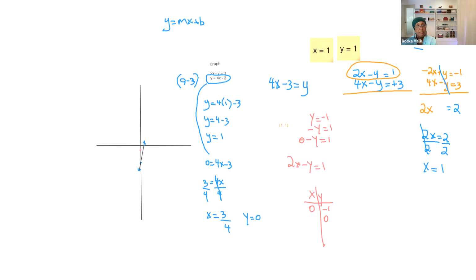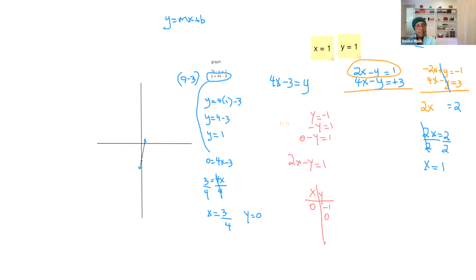And then when y is 0, I have 2x minus 0 equals 1. So there's nothing to minus. So I just have 2x equals 1.